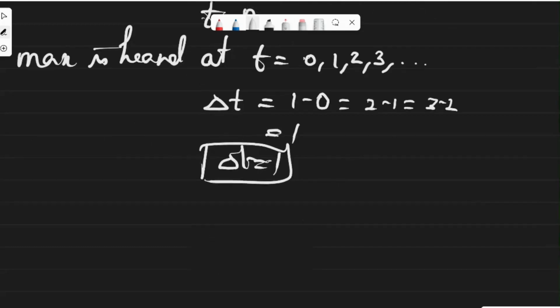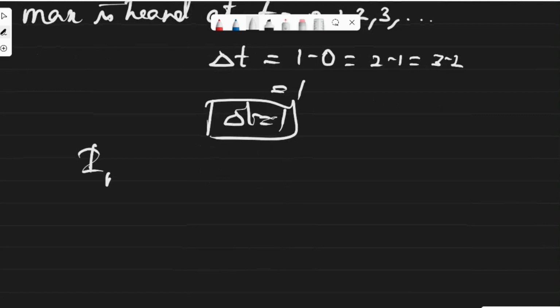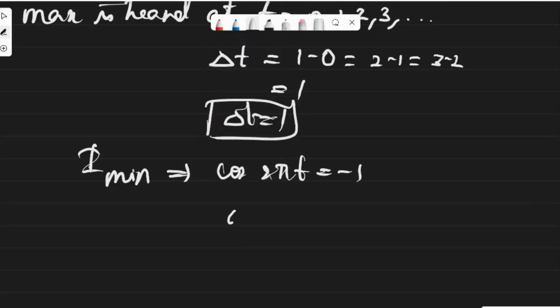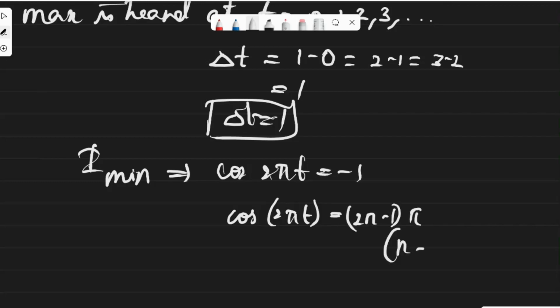Similarly, we can find minimum intensity. I minimum, then cos 2πt should be equal to minus 1, because the least value of cos θ is minus 1. So cos 2πt will be equal to cos (2n minus 1)π, and here n is equal to 1, 2, 3, and so on.